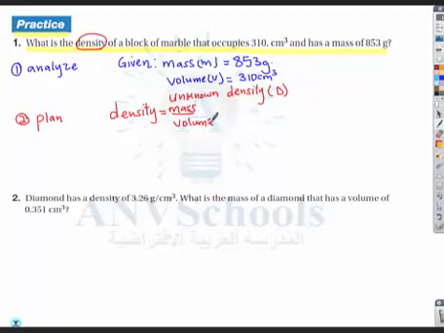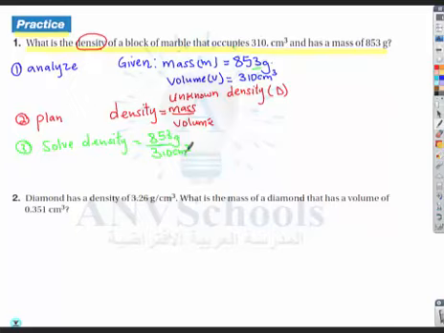Then directly we go to solving. So solve 3. Solve for density. We will take the mass here, which is 853 grams, and we will divide it by 310 cubic centimeters.